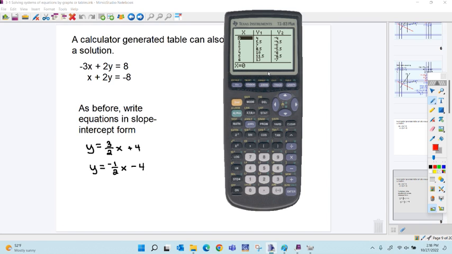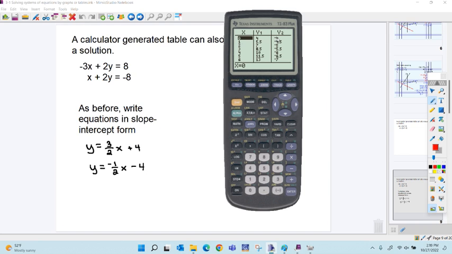Yours may not, but everybody's probably started at 0, but just in case, look up here. If x is 0, if you plugged in 0 here, you would get 4 in this equation that you put into y1. If you plugged in 0 for x, 3 halves times 0, don't do it, just listen because I'm telling you what numbers you're seeing up here. You would get 4.